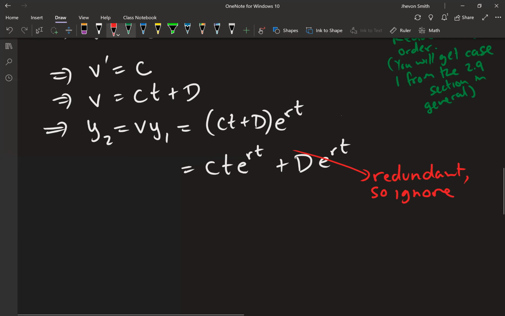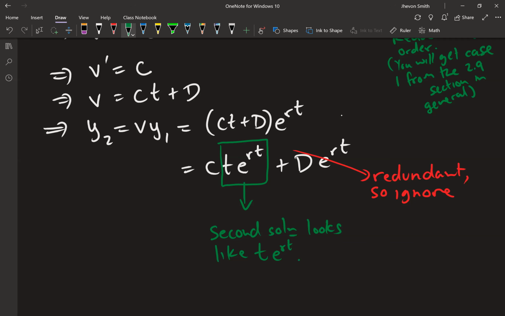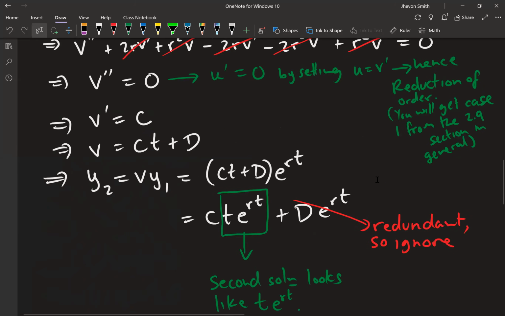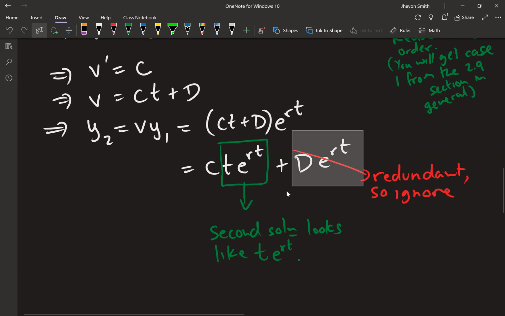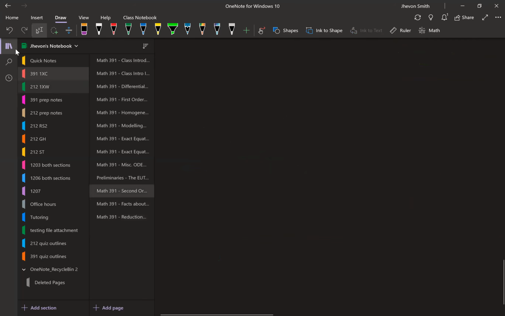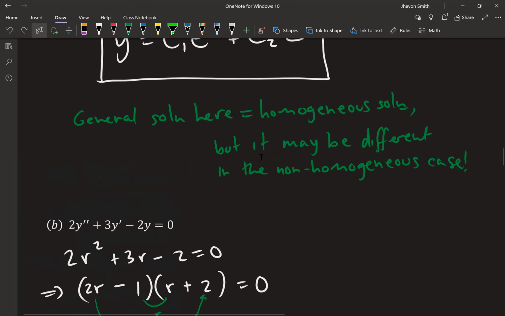And so what you'll notice is that this is your second solution, t e to the rt. So now you realize that whenever you're in this scenario and you have a repeated root, you are going to have c1 e to the rt plus c2 t e to the rt as the general solution. And that is what we would end up with. And that's how we actually figured out this thing in the table.